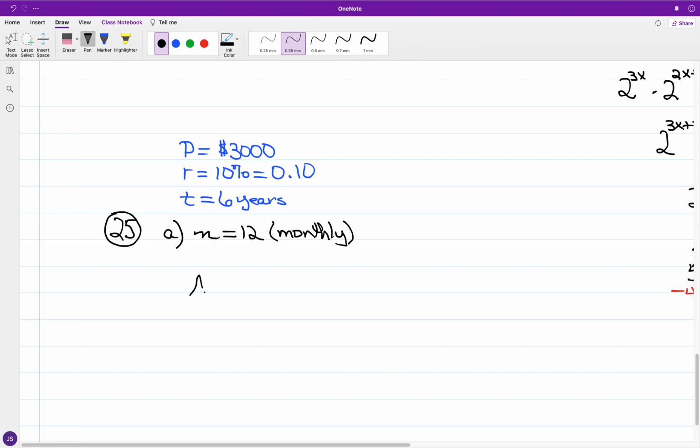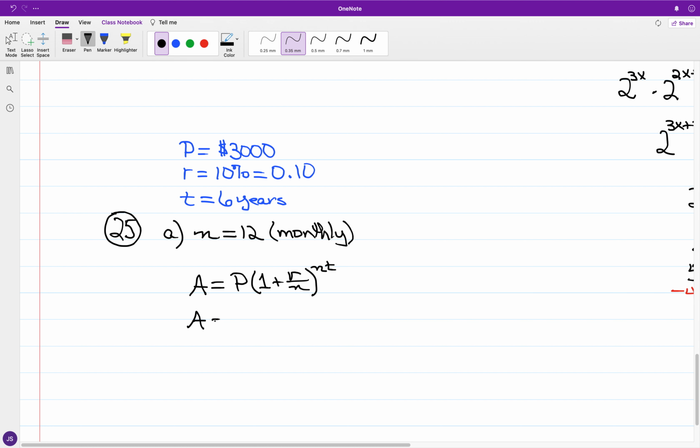And for the formula, A is equal to P times the quantity of 1 plus R over N, to the N times T degree.